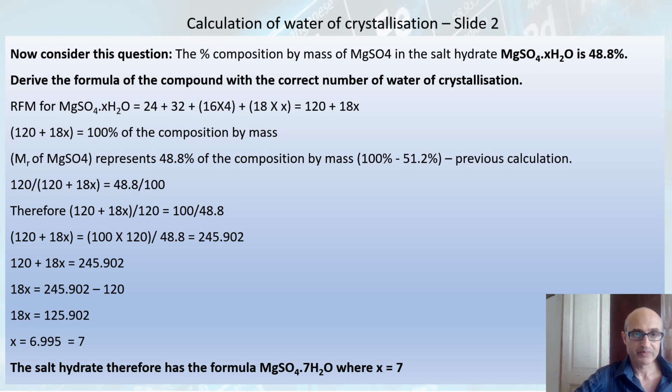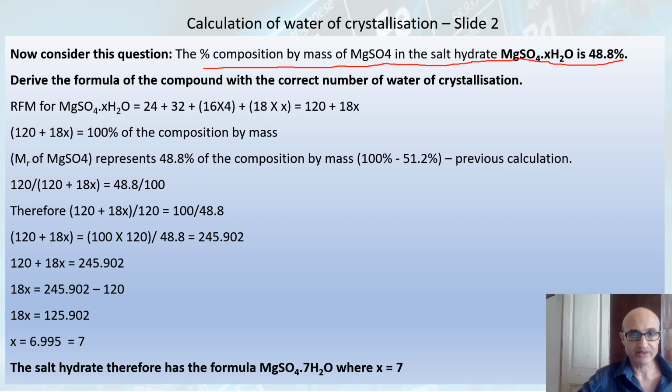So you are given right at the top the percent composition by mass of magnesium sulfate in the salt hydrate is 48.8%. Let's understand what that means.